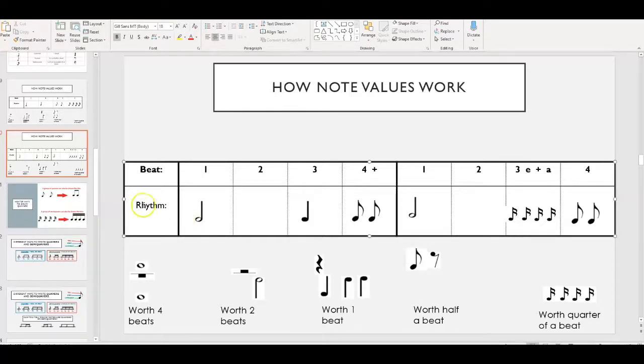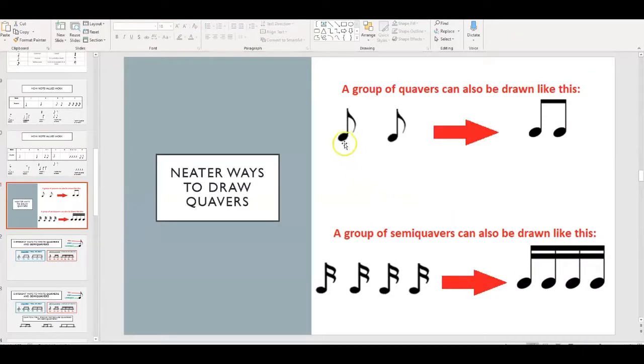Now, some people, I'm sure many of you have seen notes, instead of being drawn like this, you've probably seen them drawn like this. And likewise, you've seen some semiquavers drawn like this. Well, there's a couple of reasons why we do that, but the main one is that it's neater to connect these two tails and turn them into what we call a beam.